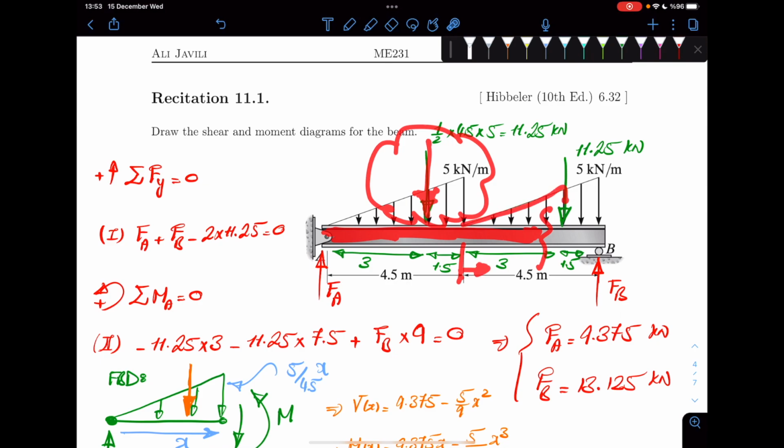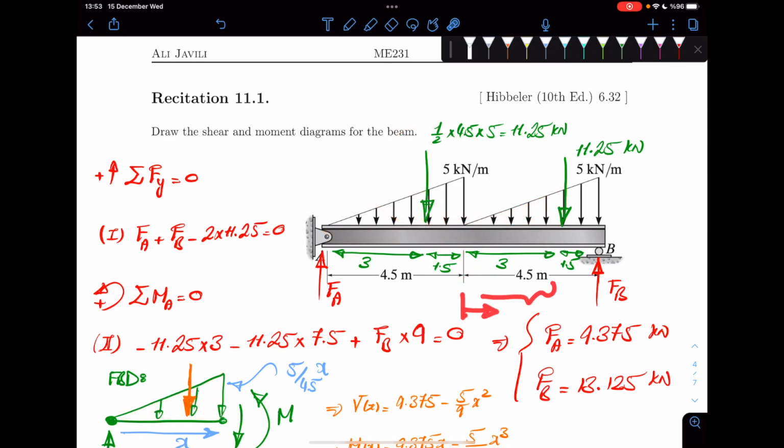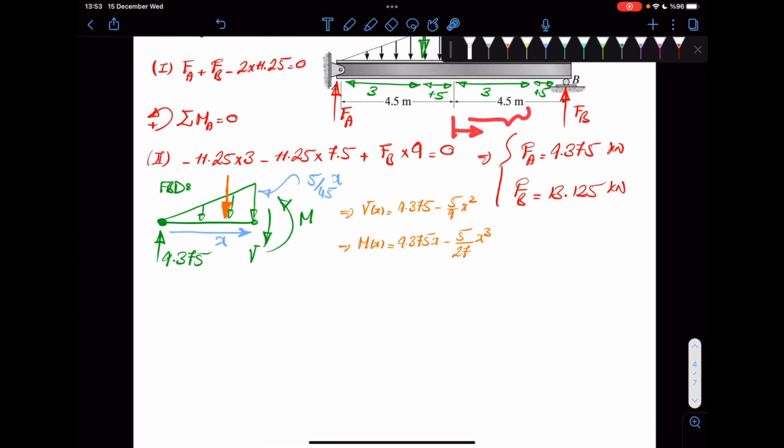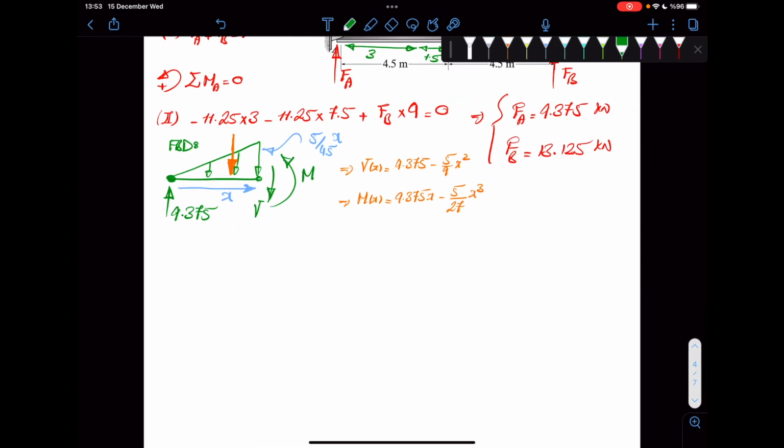And then for this little part, we repeat exactly what we did for this little triangle, except that now our x-coordinate should be starting from here. So it would look slightly different, but in nature, it's exactly the same thing. So let's say we draw it like that.